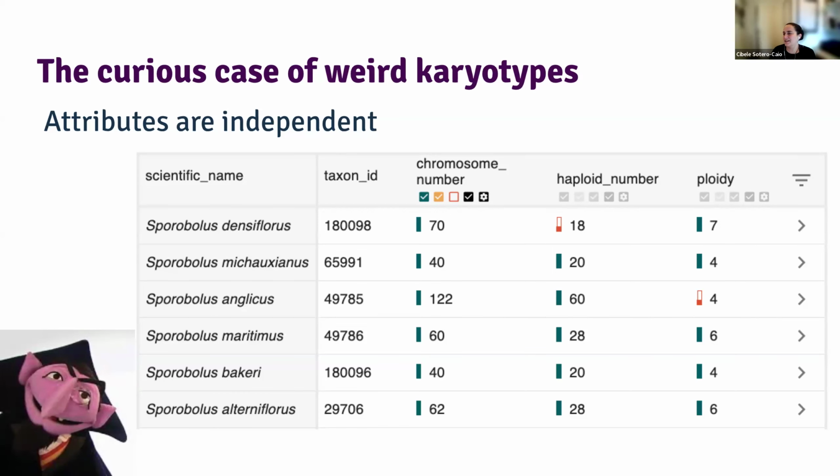And then the curious case of weird karyotypes continues when people say it's wrong, how come septohaploid, how do you say that? Haploidy of 7 has 70 chromosomes, but the haploid number is 18, right? I think this one is kind of obvious. This is an estimate.